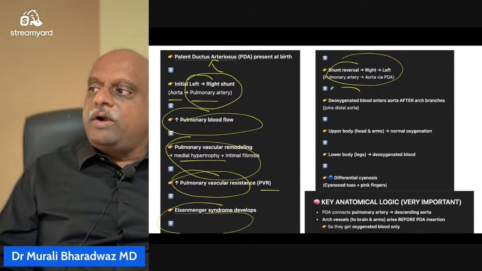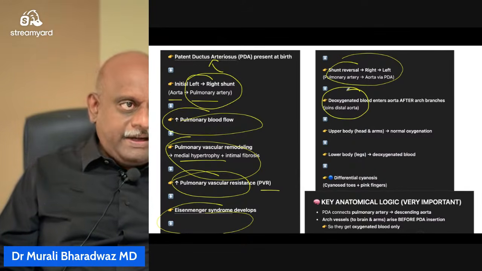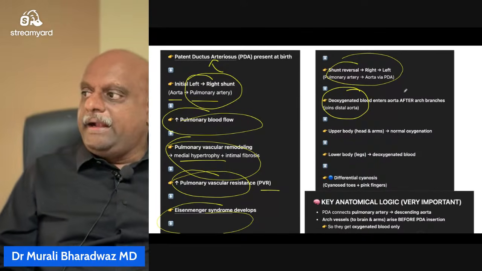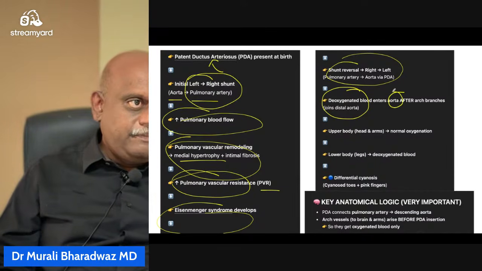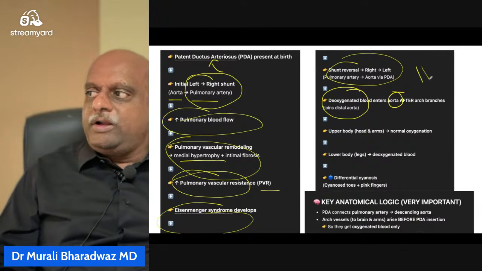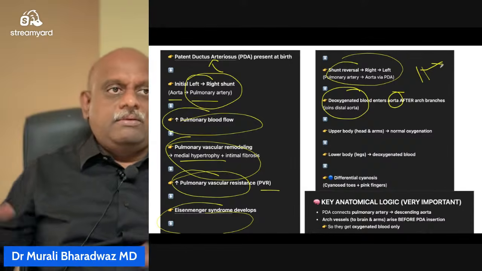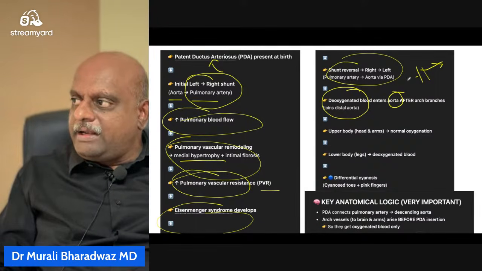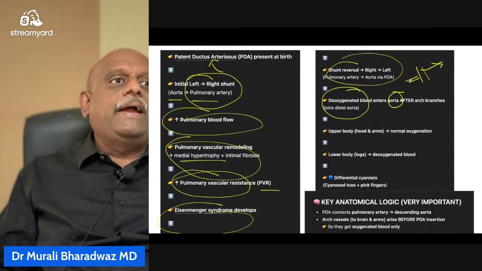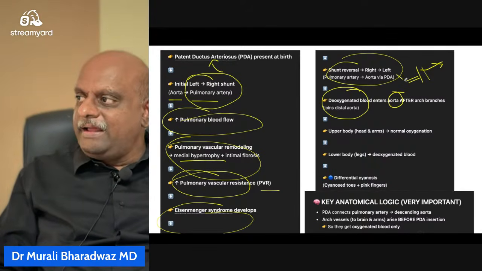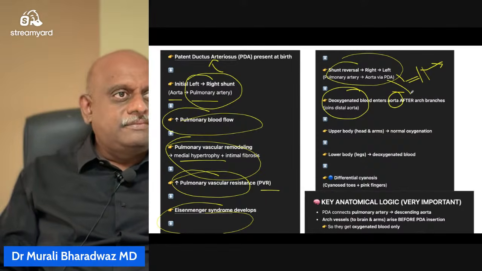So because of that, what happened? The deoxygenated blood of the pulmonary artery entered into the aorta. Where is the PDA located? The aorta gives subclavian, which goes to the upper limbs. After that, PDA is located, the ductus arteriosus connecting the pulmonary artery.